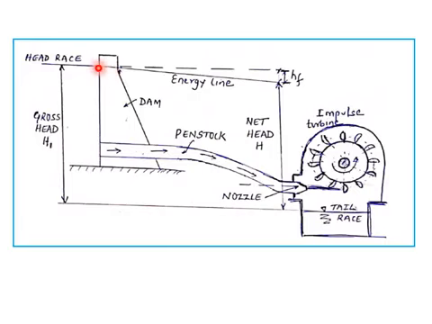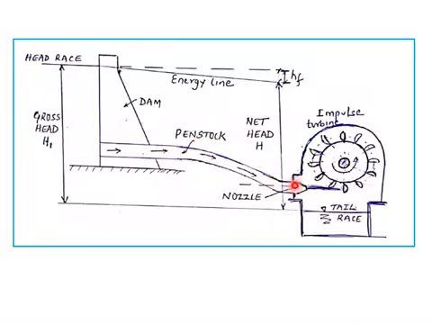So this is the figure showing a hydroelectric plant. We have constructed a dam across a river. So there is a storage reservoir, and the water level in the storage reservoir is known as the head race. Water from the storage reservoir is taken through a large diameter pipe, which is also known as a penstock.